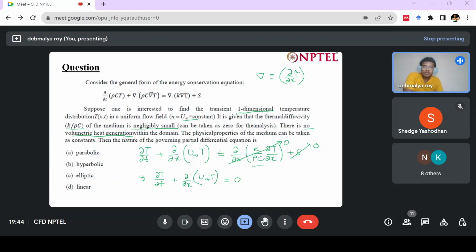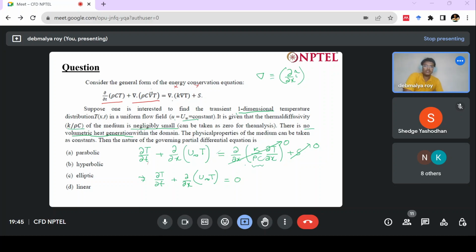Why I'm asking you to do this, because we just did some maths and found out that this particular equation is a hyperbolic equation, but if we don't know what it signifies, then we will not be able to appreciate it. So here, what are the terms that remain? This term remains and this term remains, and we have neglected these two terms. So there is no heat generation, no problem.